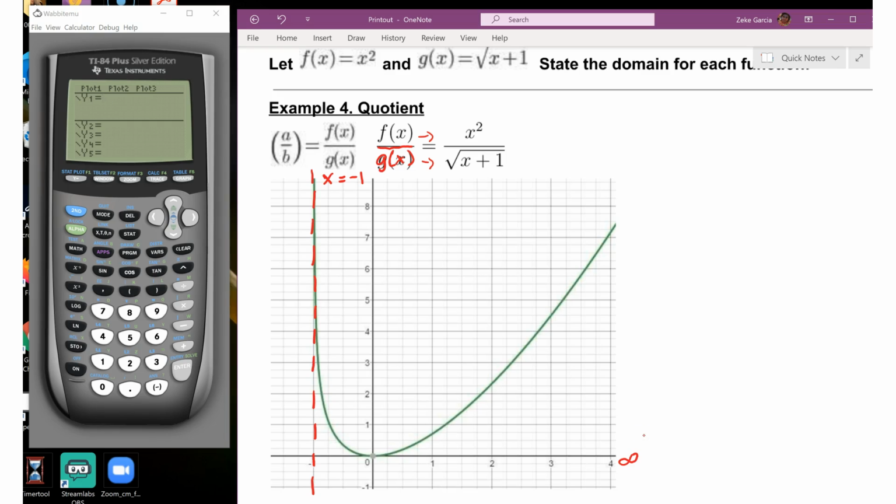So go ahead and go to your calculator and type in x squared divided by, and I'm going to use parentheses just so I can make sure that it's included there. So you have the square root of x plus 1.